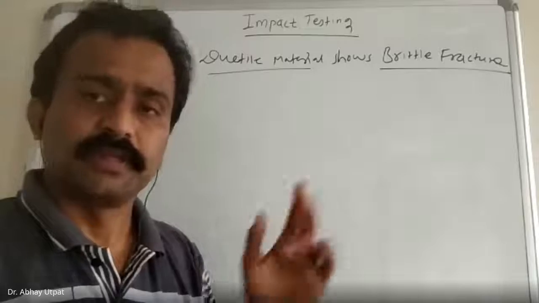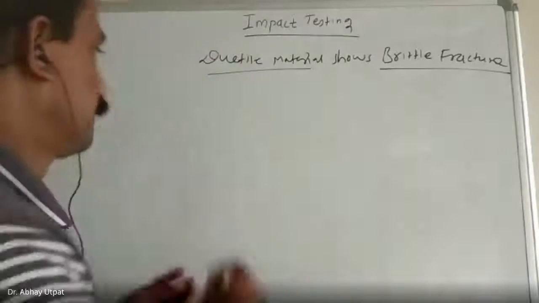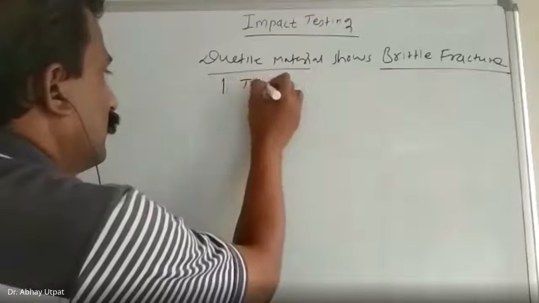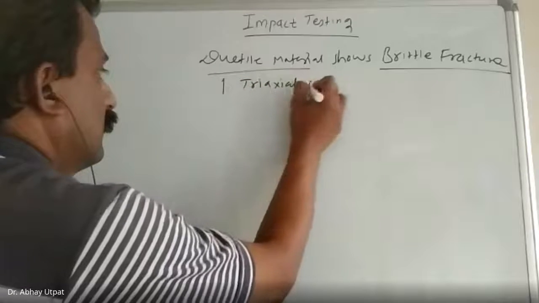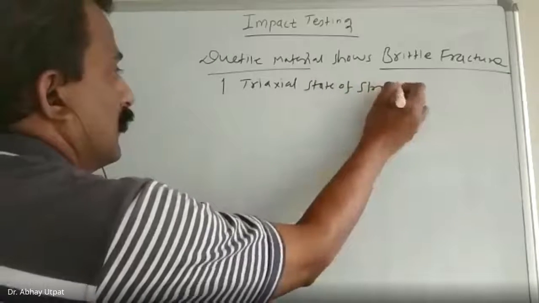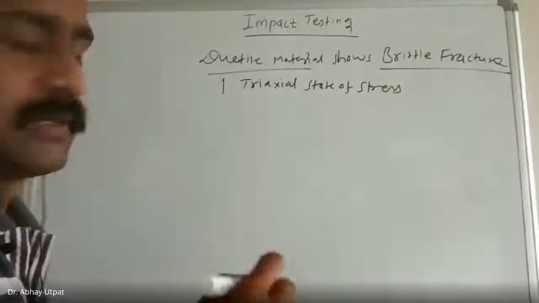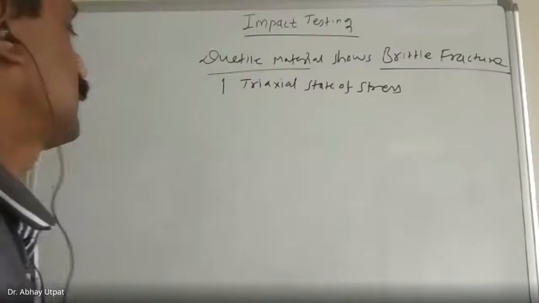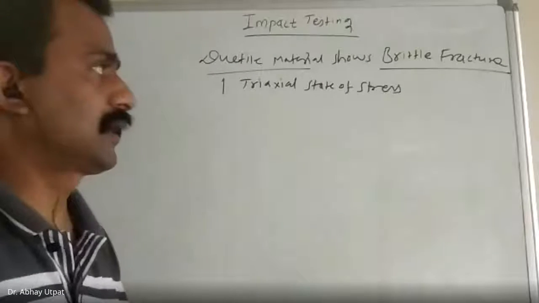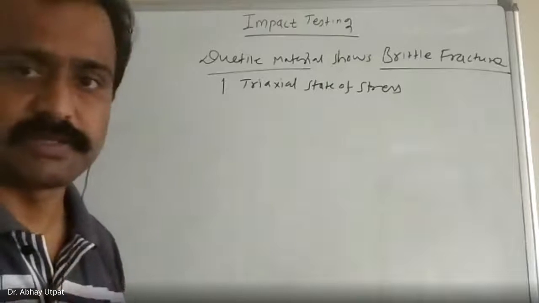How? Let us see one by one. Write down this. Impact test is used for studying the failure of ductile material with brittle fracture.